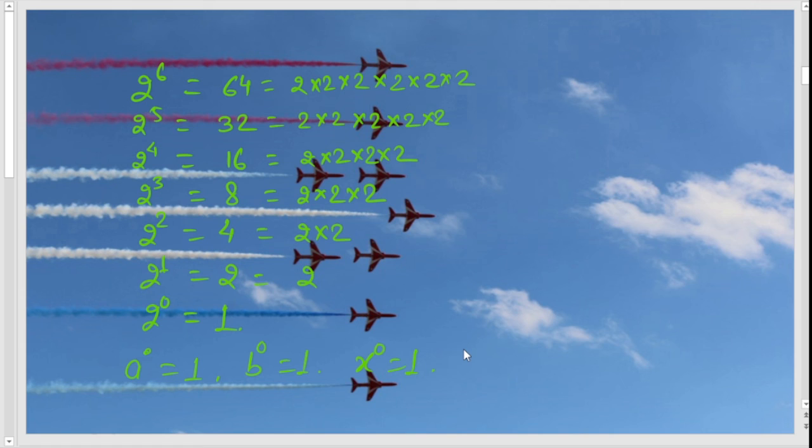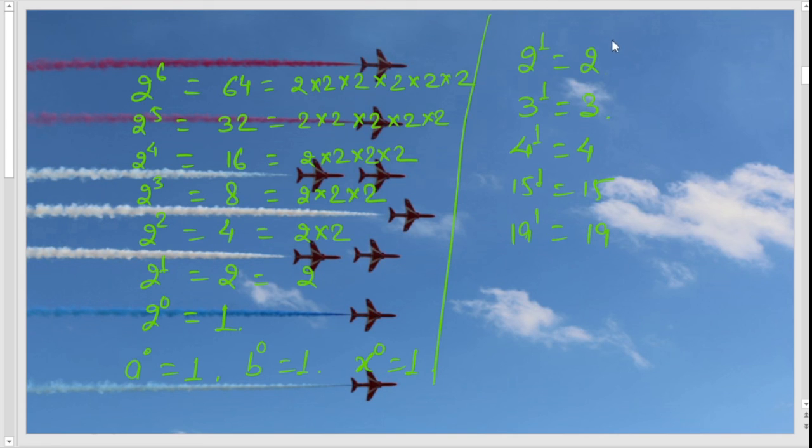This way we come to know that any number having exponent 0, that is 1, and secondly any number with exponent 1, like 2 to the power 1 is equal to 2, 3 to the power 1 is equal to 3, 4 to the power 1 is equal to 4, 15 to the power 1 is equal to 15, 19 to the power 1 is equal to 19.